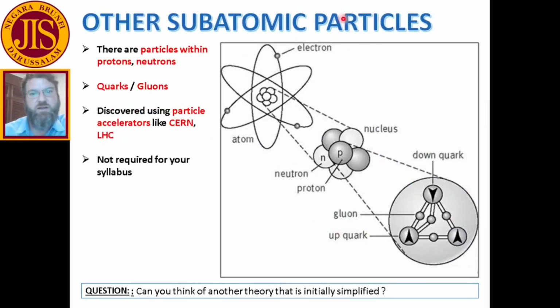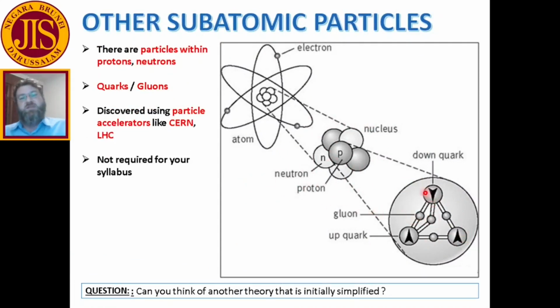Looking a little bit deeper, and this is not really something you need to know for your course, just out of interest. If you look a little bit closer, the protons and neutrons in the nucleus are actually made up of quarks. There are different types of quarks, and they're held together by what are known as gluons.